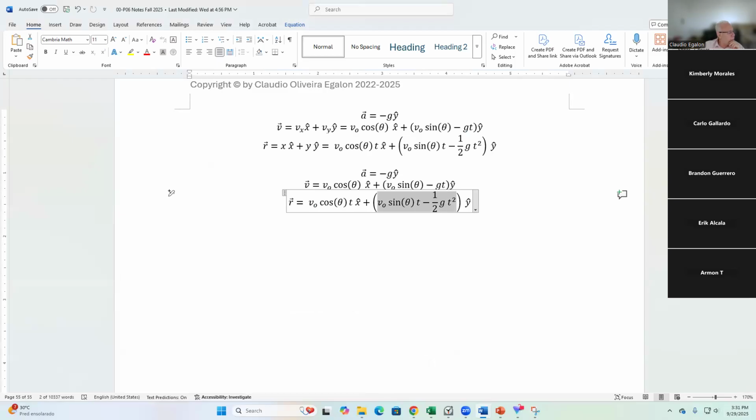What else can we do? Do you notice that we are using the same concept that we saw in the previous chapter, right? In chapter 2, uniform motion and uniformly accelerated motion.